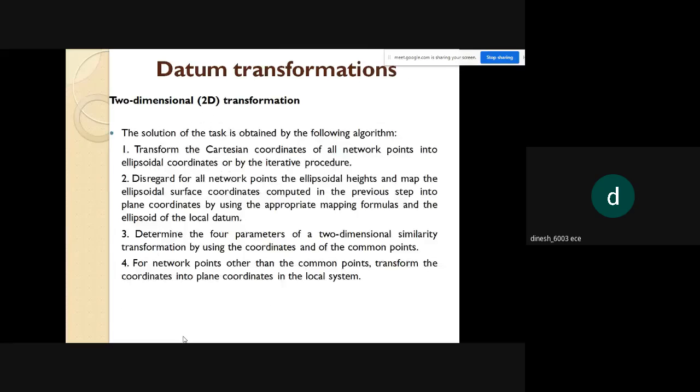So what does this do? This is a two-dimensional transformation. The solution can be obtained by transforming the Cartesian into ellipsoidal coordinates and using iterative procedures, and for all the network points on the ellipsoid, mapping them into surface coordinates and appropriately mapping the formulas to the ellipsoid of the local datum information.